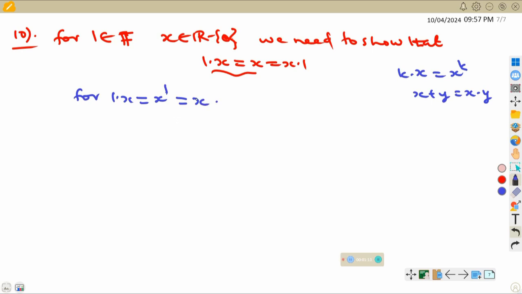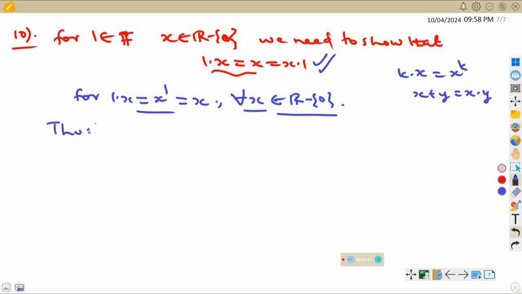So clearly, we can see that this one holds for every x picked from this given set. So if this one holds for all the values of x, then this one will be true. And if that is true, we can clearly see that all the 10 axioms have been satisfied.